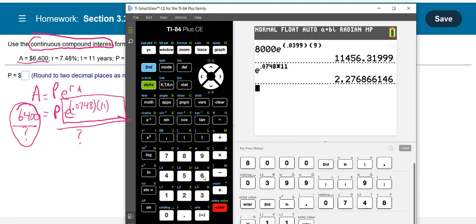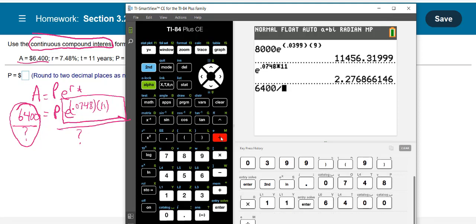On my calculator, I type 6,400 divided by. Now, to get that number, I use the button at the bottom that says ANS. Second, and then the negative key. Now the answer needs to be rounded to 2 decimal places, so that would be 2810.88.